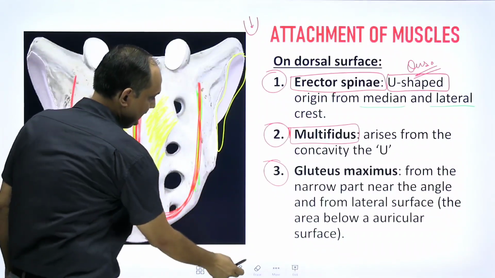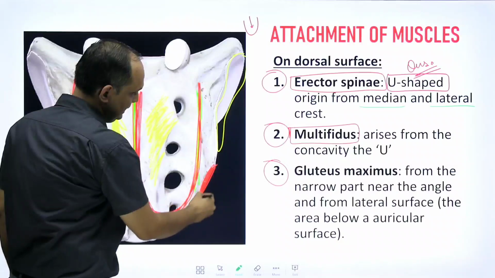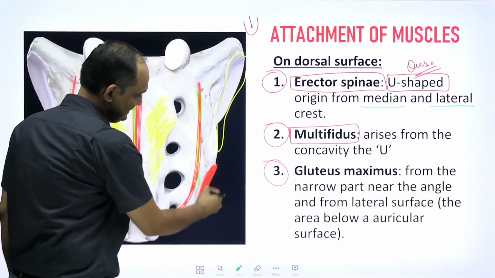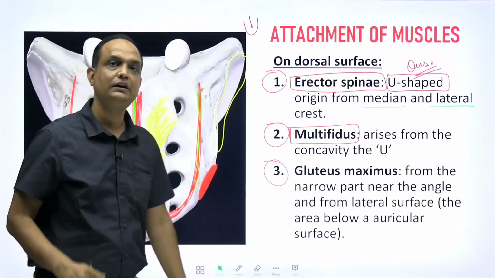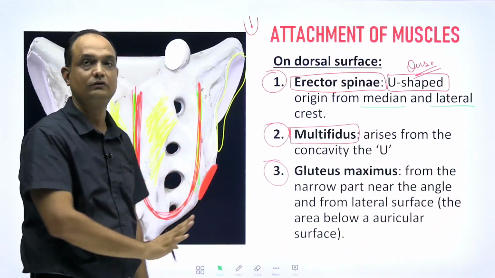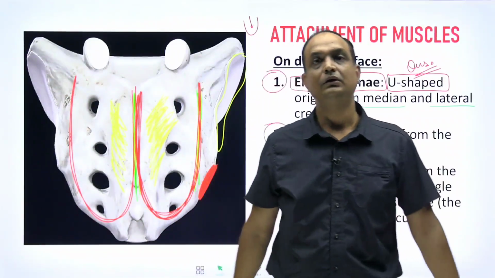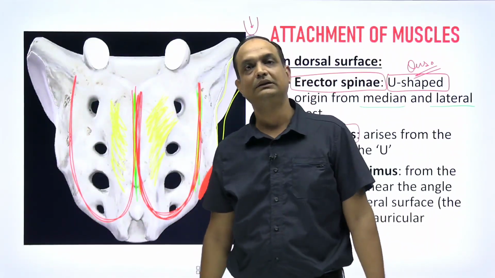Below this area, in this part, you will have the attachment of the gluteus maximus, and this attachment comes more on the lateral surface rather than dorsally. Clear? So, if you have this question in exam, draw the muscle attachment on the sacrum.